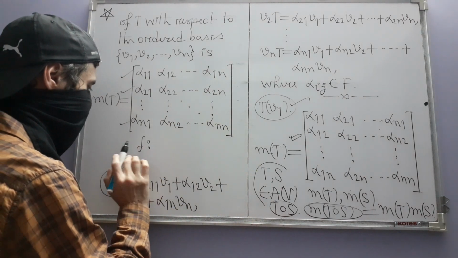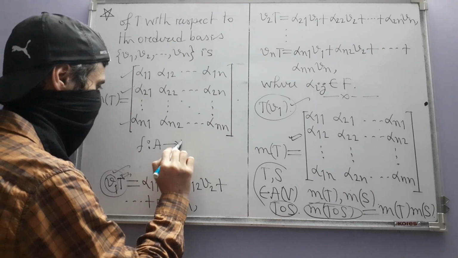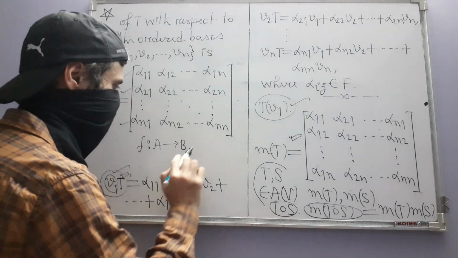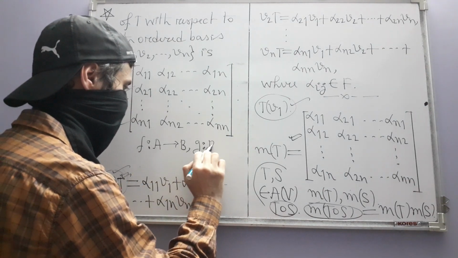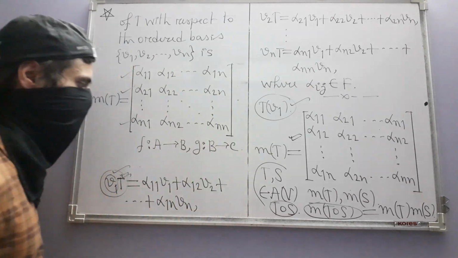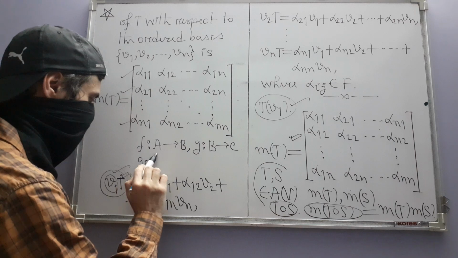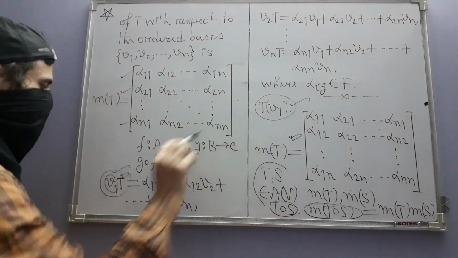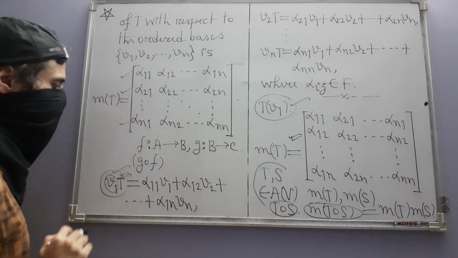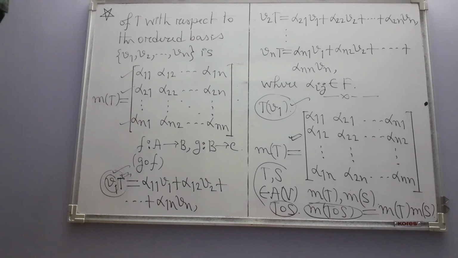If you have two functions, say f from set A to set B and g from set B to set C, then in the more common notation, the possible composition is G composition F. Why?